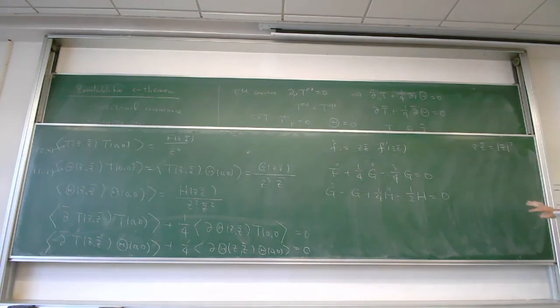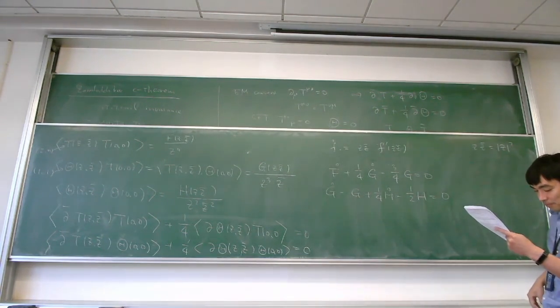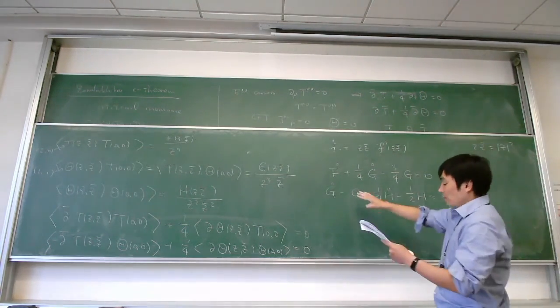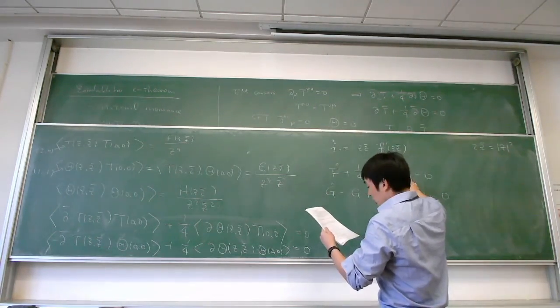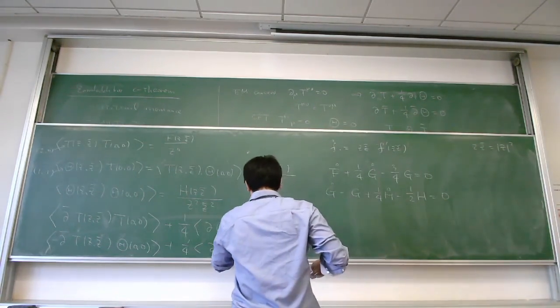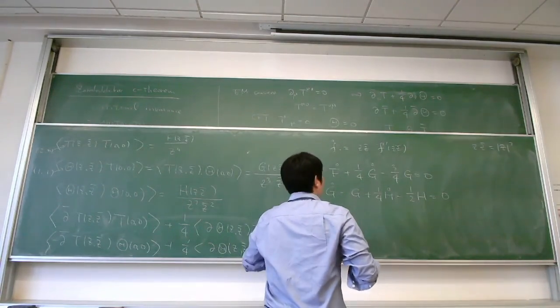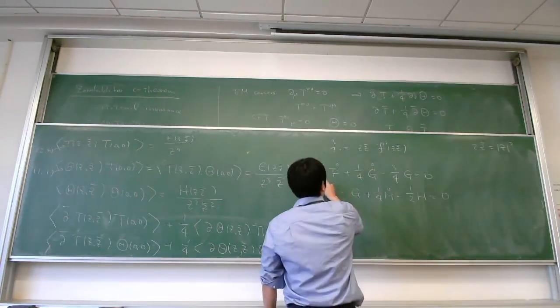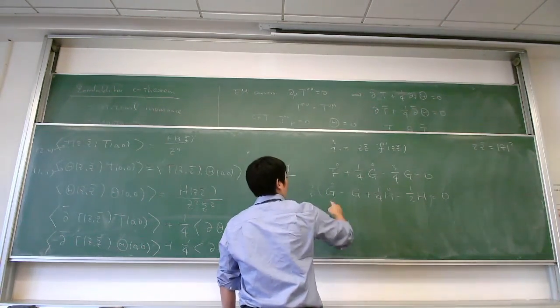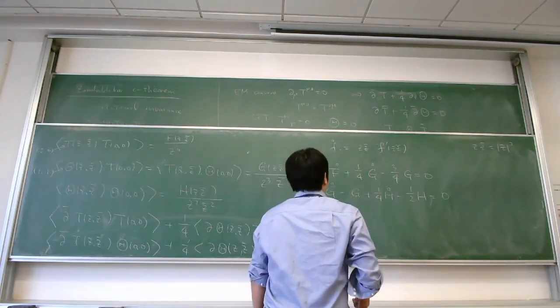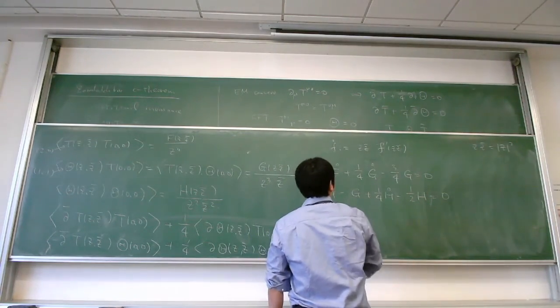And then you just get rid of G. So define a function. So let's get rid of G. Let's multiply by minus 3/4 and just add them up. So then what you get is indeed.